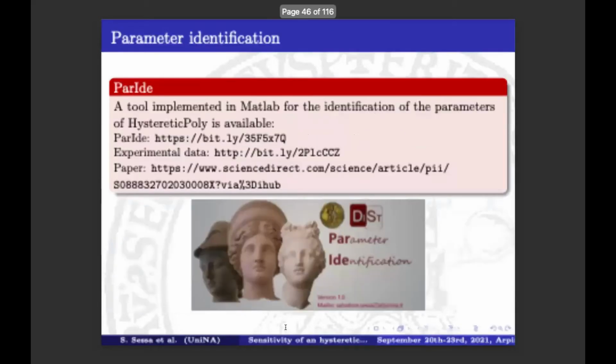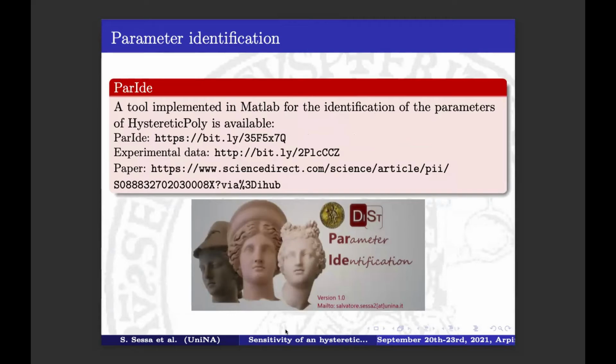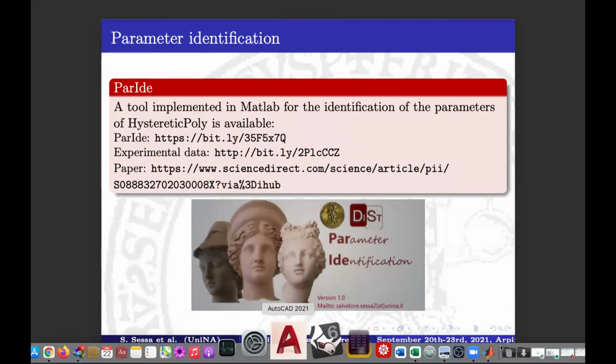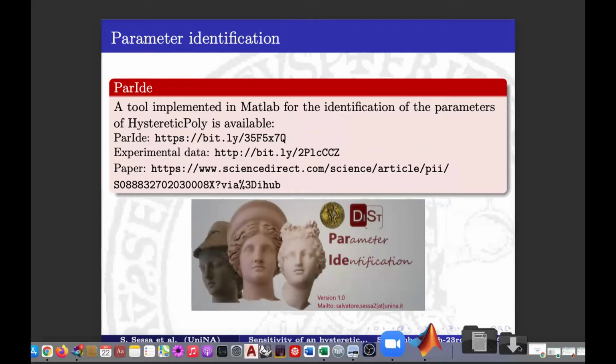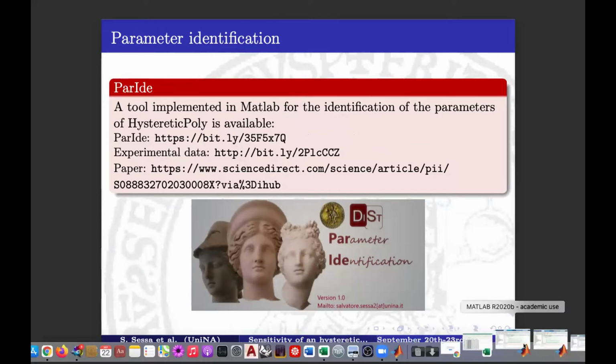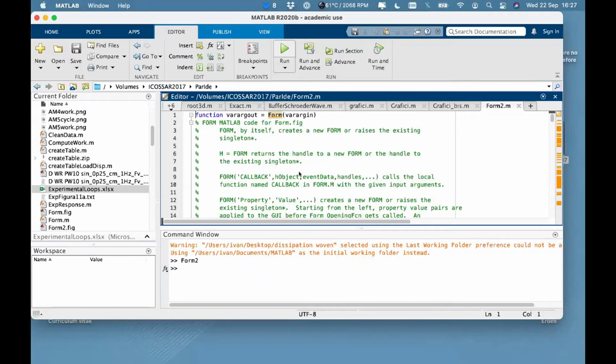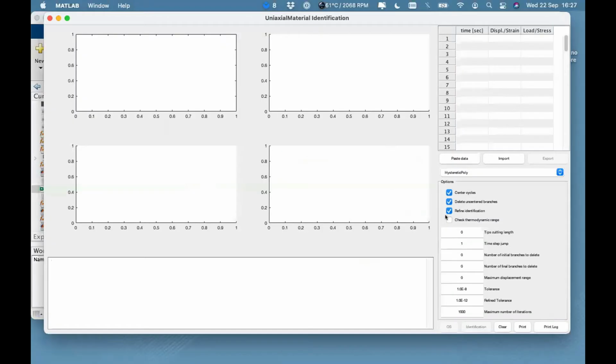We also implemented a freeware for the identification from experimental data. If I can find it, I would like to show a simple example. This one is the freeware.